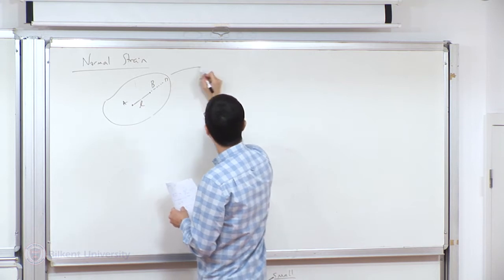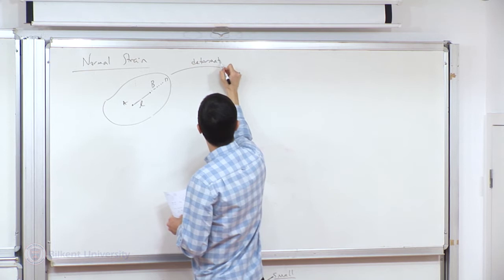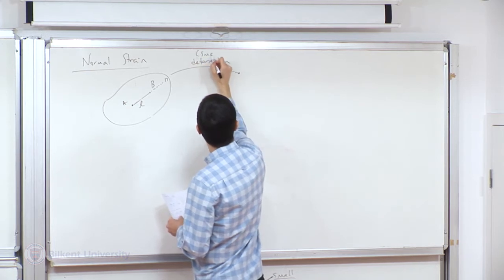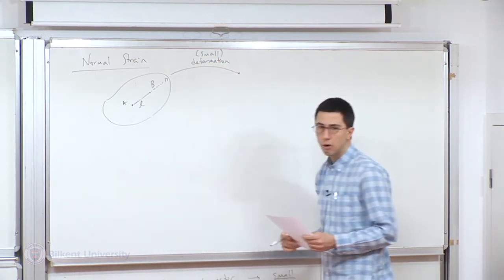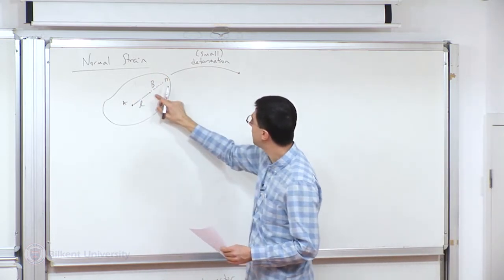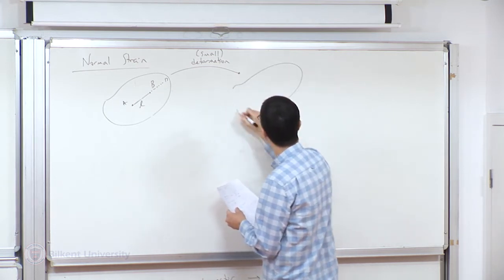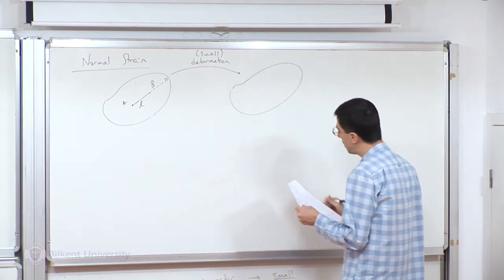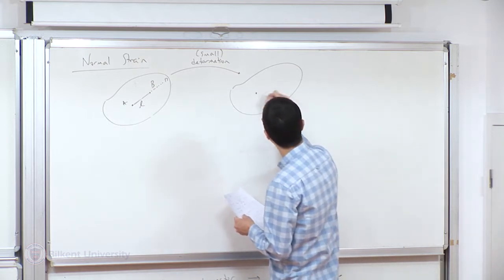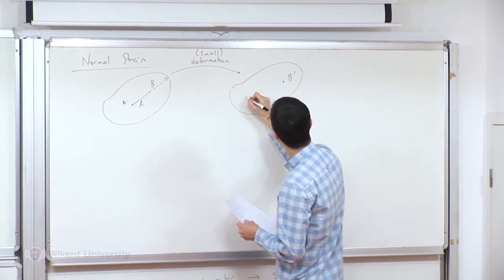And now this object deforms. Again, I'm exaggerating, but this is a small deformation. In reality, the difference between the deformed and the original one would be very slight. But let's exaggerate. So let's say this is the new picture for the deformed object. Now, point B moves to a new point B prime.